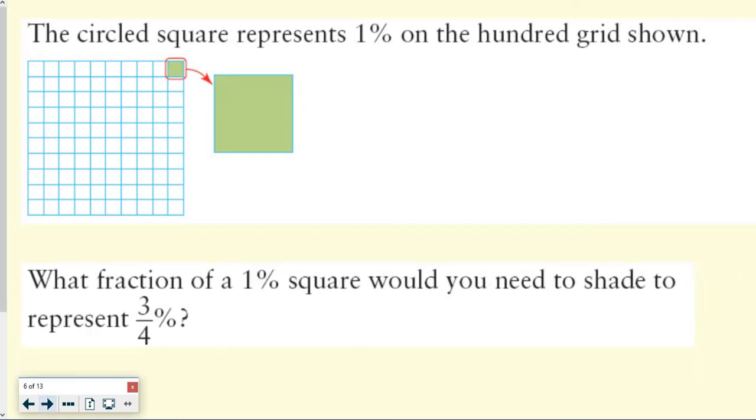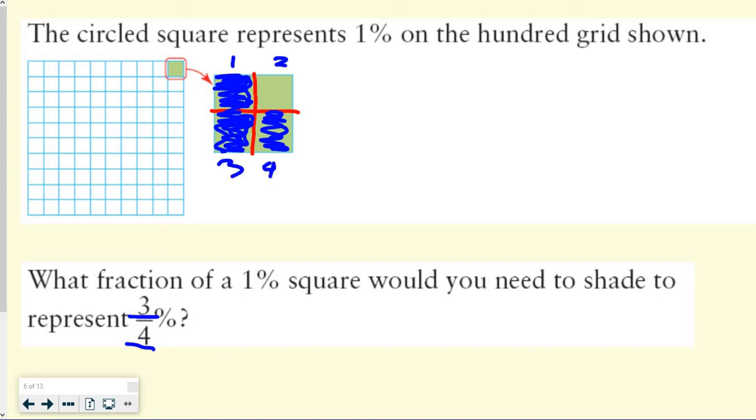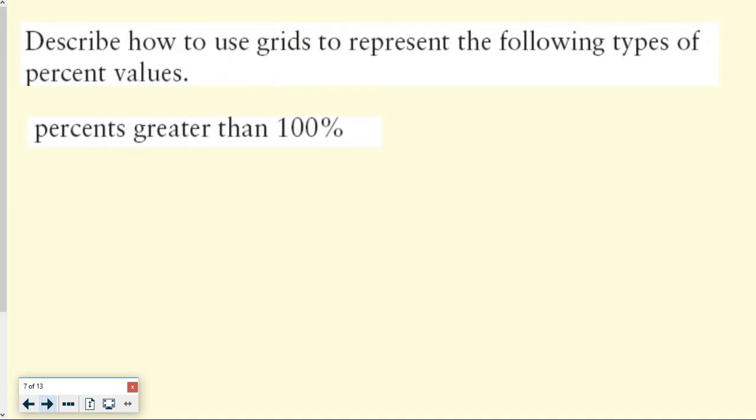So if we're going to show 3/4 of it, we would split it into 4, and then we would fill it. We would color in 3 of the 4 squares. And we know that 3 of them are shaded, there's 4 boxes: 1, 2, 3, 4. And 3 of them are shaded, and one isn't, and that's how we know that it's 3/4%.